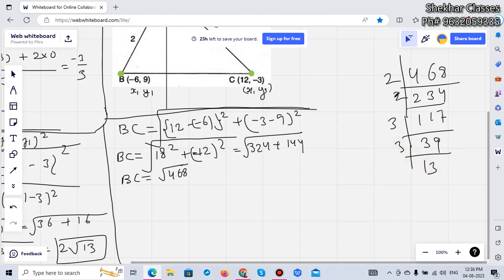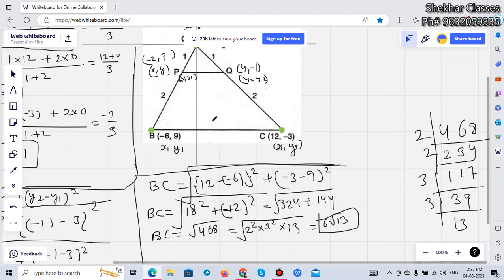So we can see 2 into 2 into 3 into 3 into 13, so 2 square, 3 square into 13 under root. 2 square and 3 square will come out, so 2 and 3, 6 root 13. So this is BC.